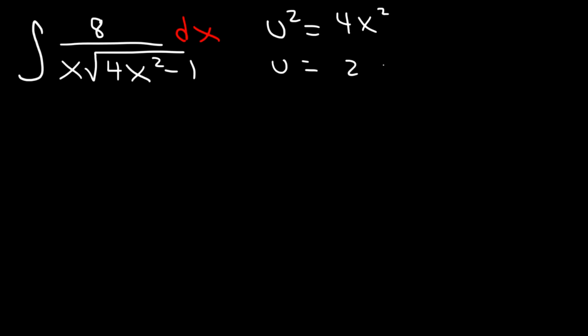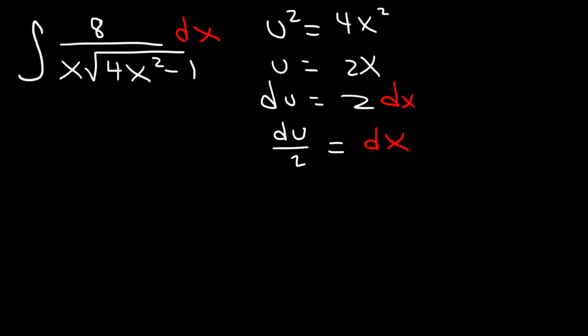The square root of x squared is x, so u is 2x. du is 2 times dx. So in this problem, we need to solve for dx. So it's going to be du over 2. Now we can see that a squared will be equal to 1, and therefore a is 1 because the square root of 1 is 1.